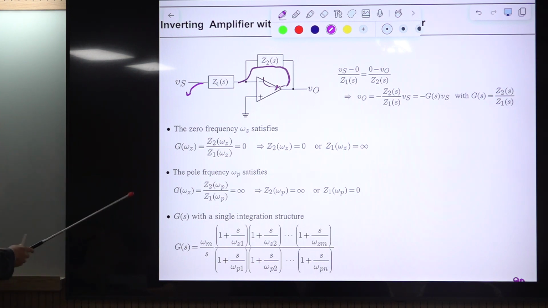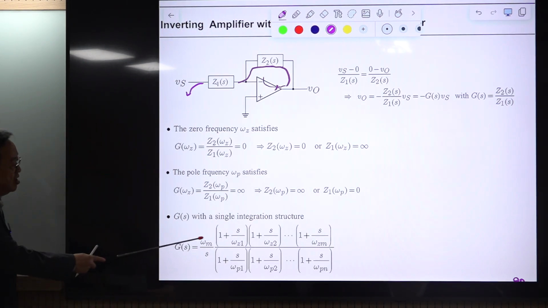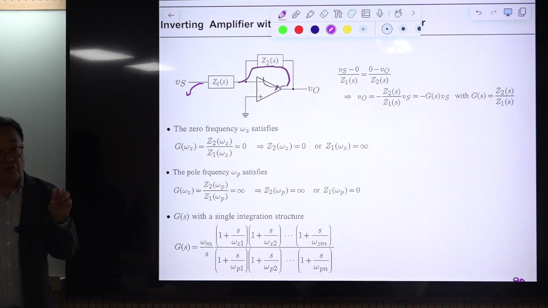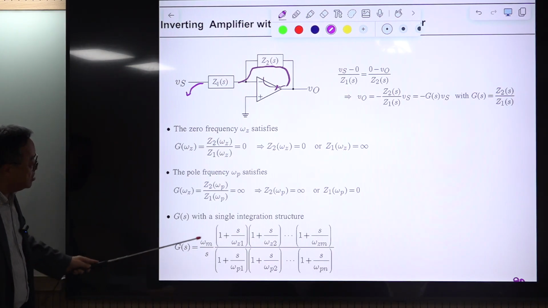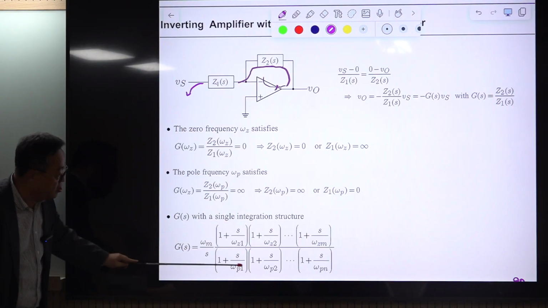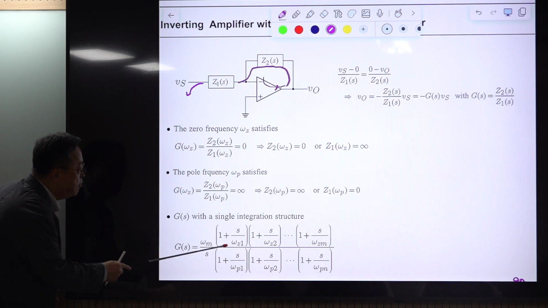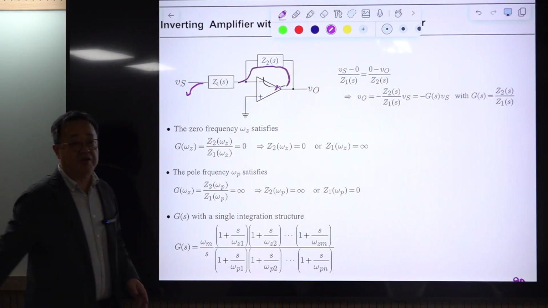The structure of this, for our purpose, needs this term. Because of DC regulation, we want an ideal voltage source or something very close to it, so the output should remain at the desired value. For that we need this integration, and there are a bunch of poles and zeros: double pole, double zero, single pole, single zero, and combinations of them.